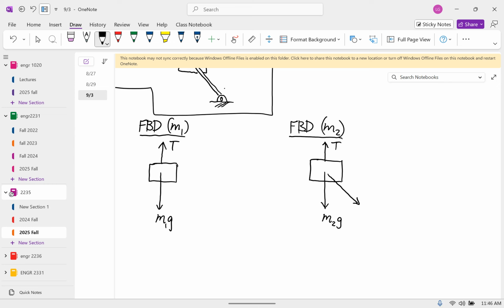I'll call this F instead. But that is going to be parallel to the rod, away from the body. The only difference is when we do our calculations, if we calculate a negative value for T, we know something went wrong. Whether we calculate a positive or a negative value for F, that's a reasonable thing to get, because the slender rod can either pull on something or it can push on something.